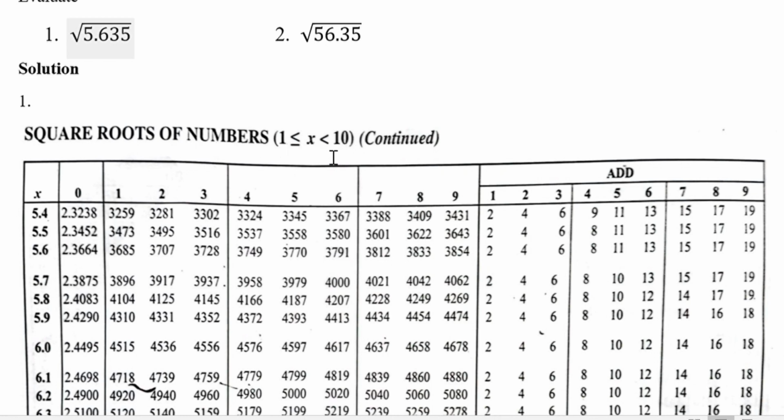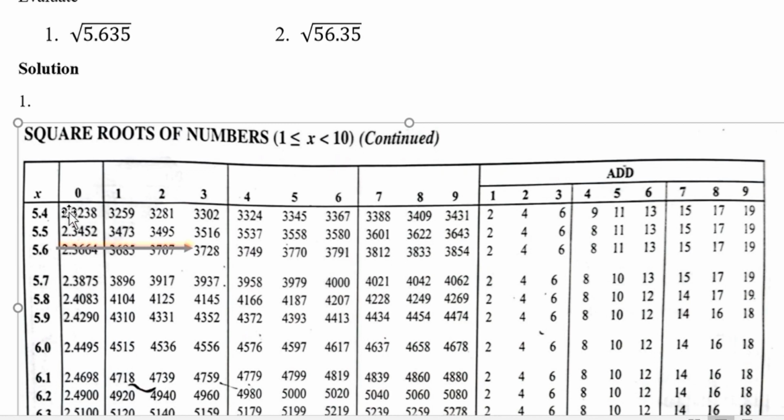Now look for 5.6 along the x column. You will realize it's here, and then look for this 3 from here up to here. You realize it's here. The intersection of these two will give us the square root for 5.63, and that is actually 2.3728.